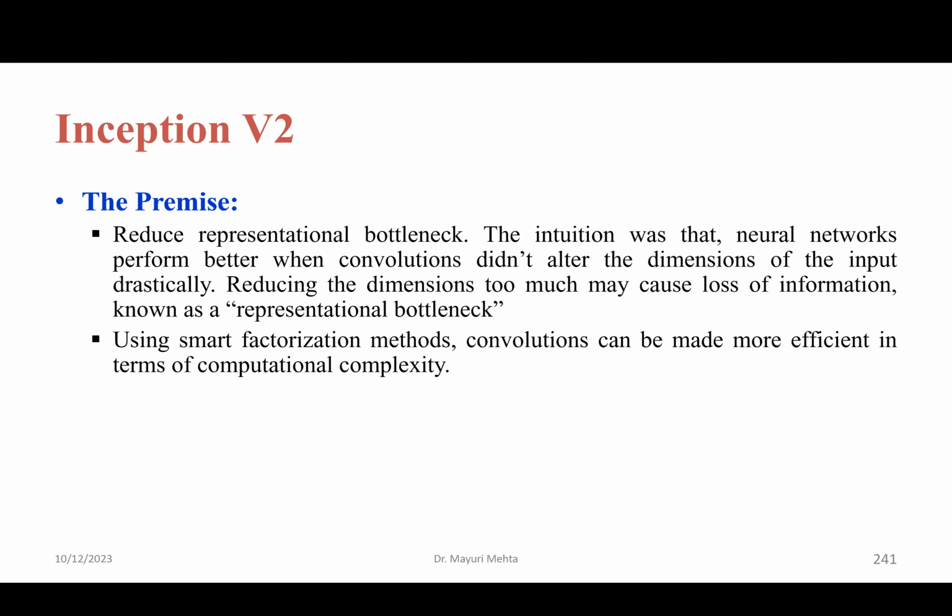The intuition was that neural networks perform better when convolutions do not alter the dimensions of the input drastically. Like we feed input images, it was observed that neural networks perform better when convolutional layers do not alter the dimensions of the input image drastically.